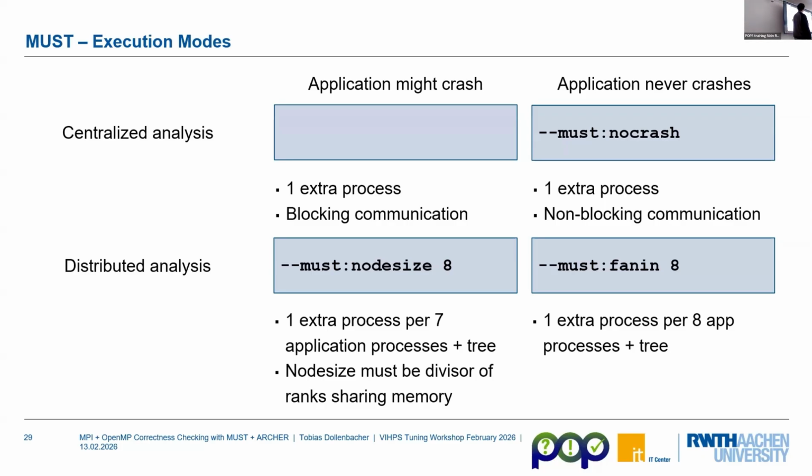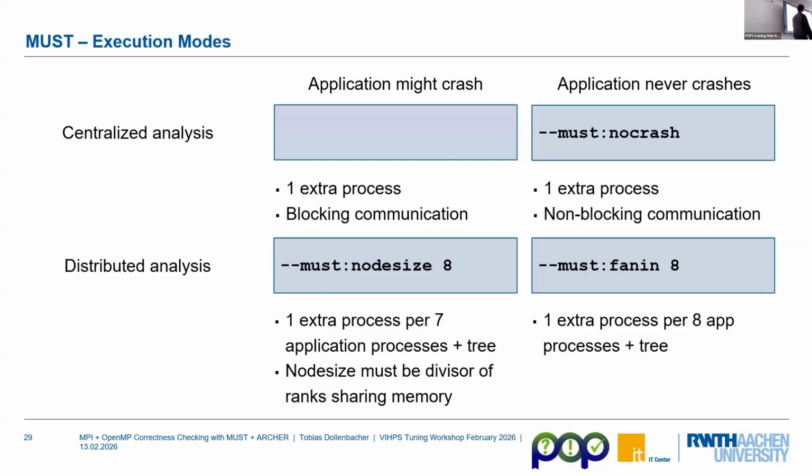If you think the application might crash and you do not have enough processes in your analysis to have a performance problem, you can just use no parameter, just use must run. Then we also have this case where the application never crashes and we have a lot of processes. In that case, you can use fan-in with some number.